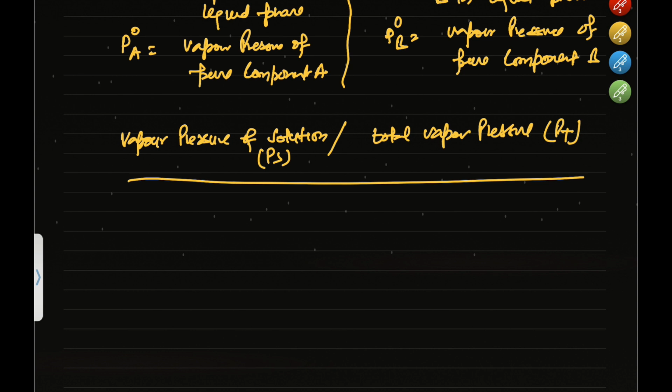Dalton's law is related to the vapor pressure of the solution, the total vapor pressure. Dalton's law.